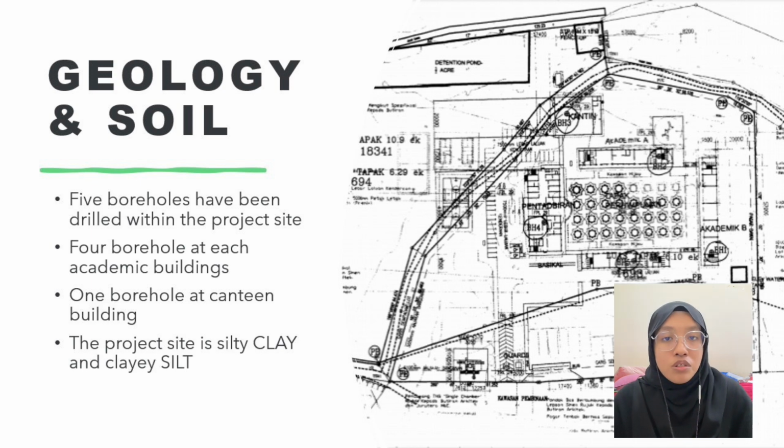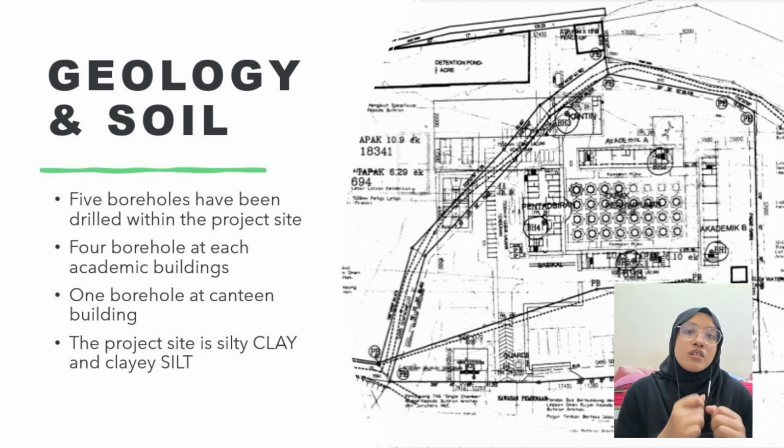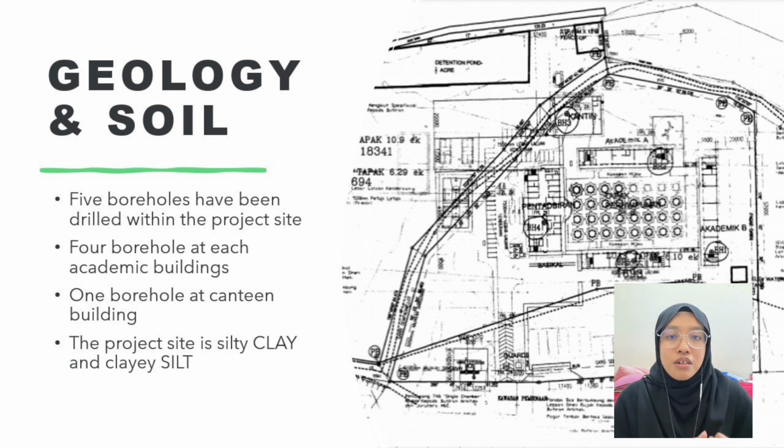Laboratory studies on soil samples acquired during field soil research activities were used to assess soil parameters. Based on the findings of the site investigations conducted by Ikram Engineering Service Berhad, 5 exploratory boreholes have been drilled within the project site.